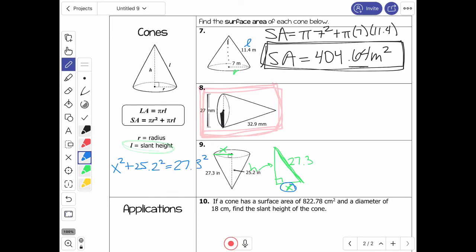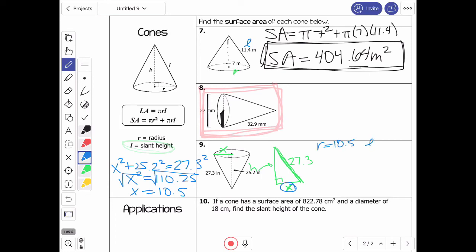When you subtract 25.2 squared from 27.3 squared, you get x squared to be 110.25. Take the square root of both sides, and x is 10.5. So that means my radius is 10.5.